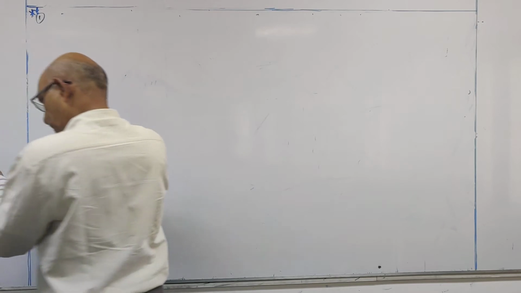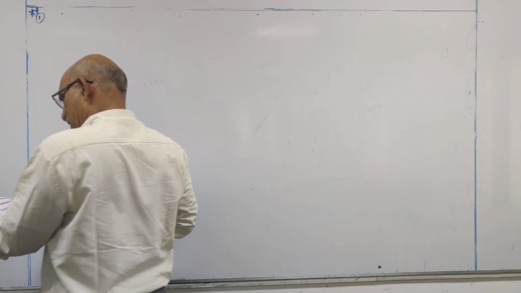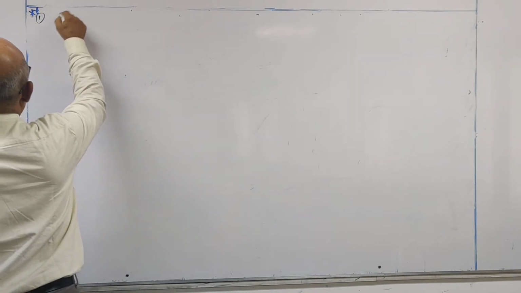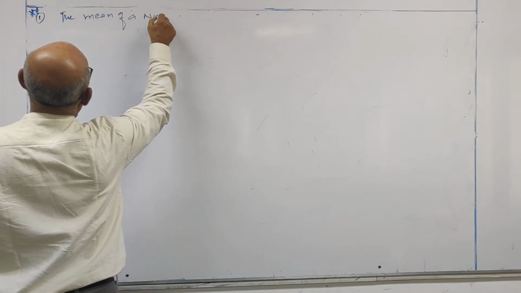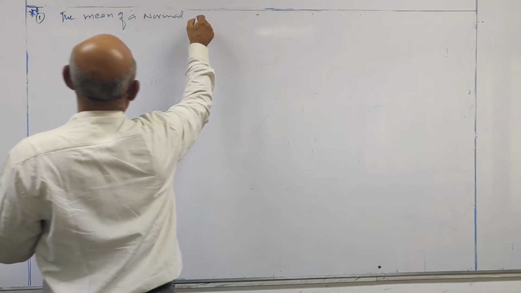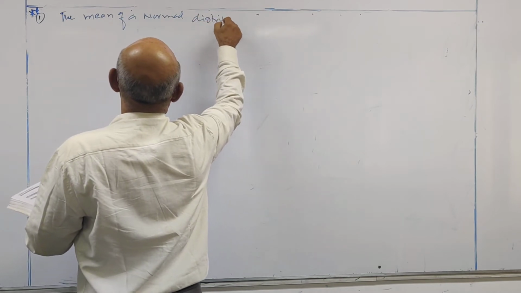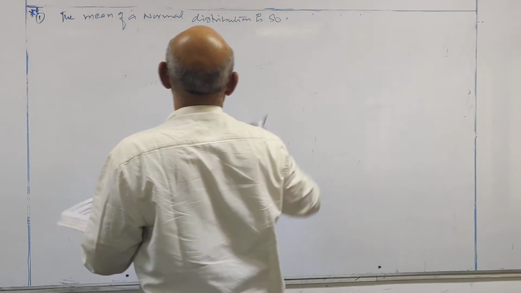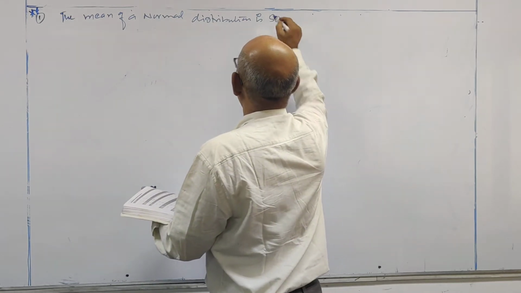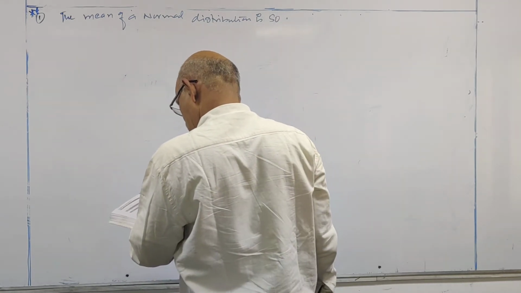Next, the mean of a normal distribution is 50.